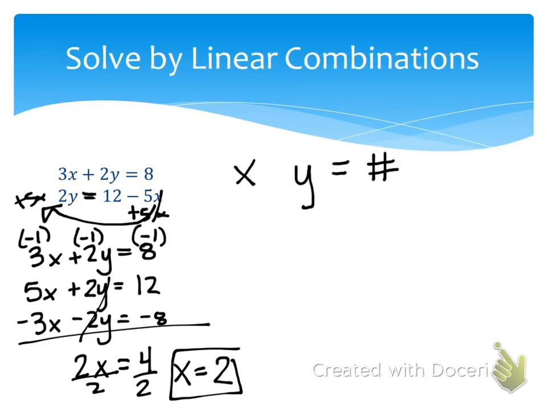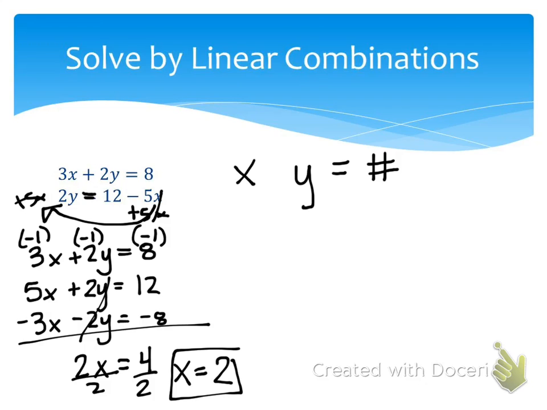Now, I can plug this x in for any one of these x's. I've got 5 different equations: 1, 2, 3, 4, or 5. You should get the same answer no matter which one you plug it in for. Okay, let's plug in x.